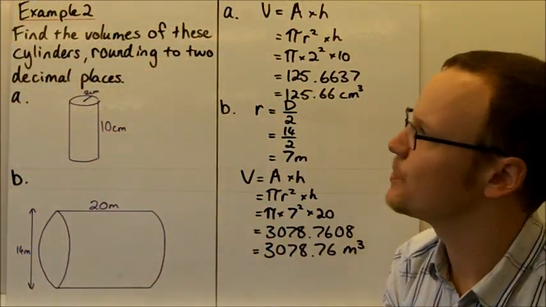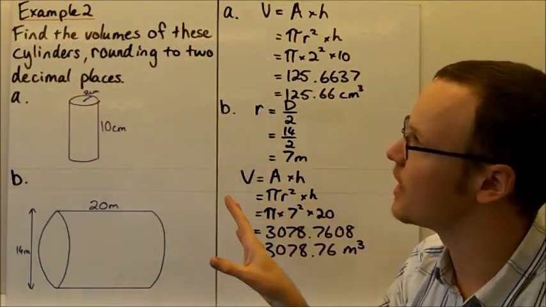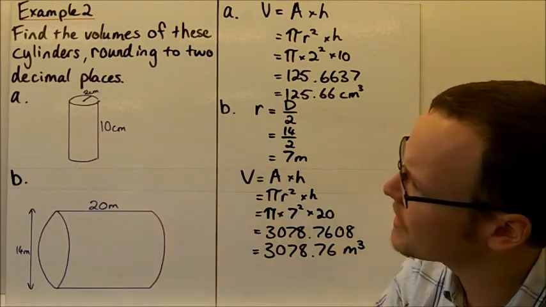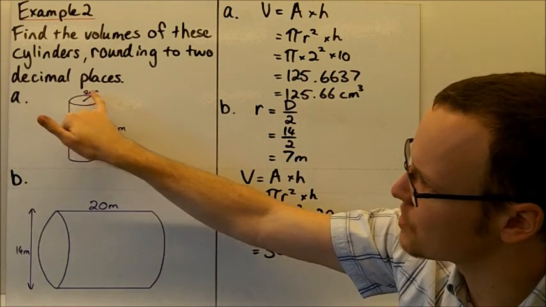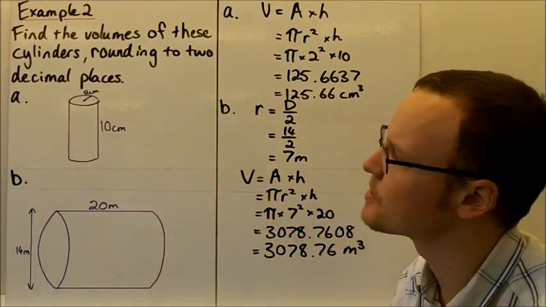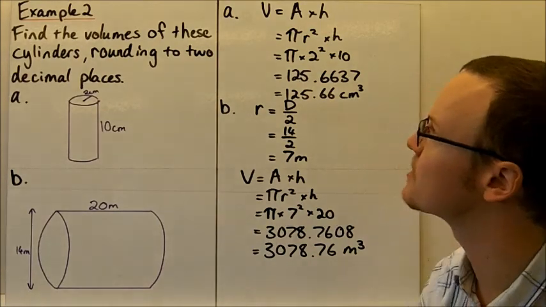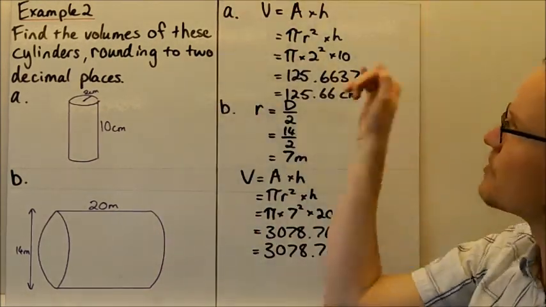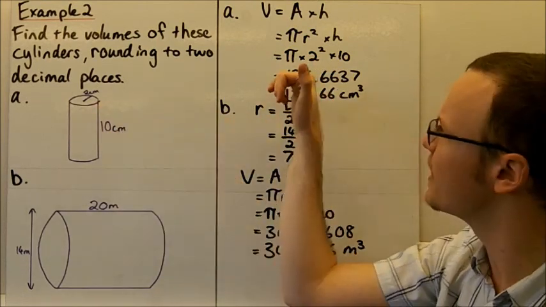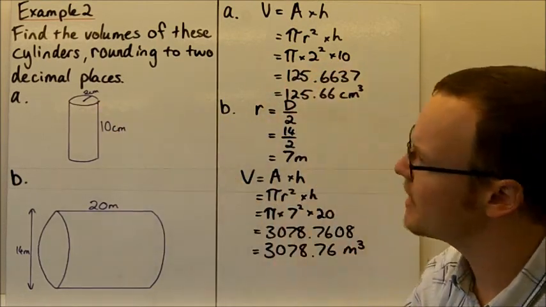Our last example, find the volumes of these cylinders, rounding to 2 decimal places. So for our first cylinder here, we've got a radius of 2 centimetres marked on our cylinder, and the height of the cylinder is 10 centimetres. So volume is area times height, so it's pi r squared times height. Our radius is 2 and our height is 10.